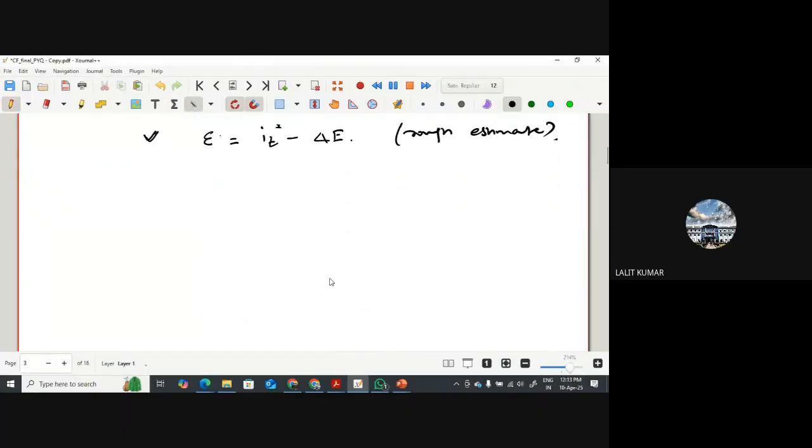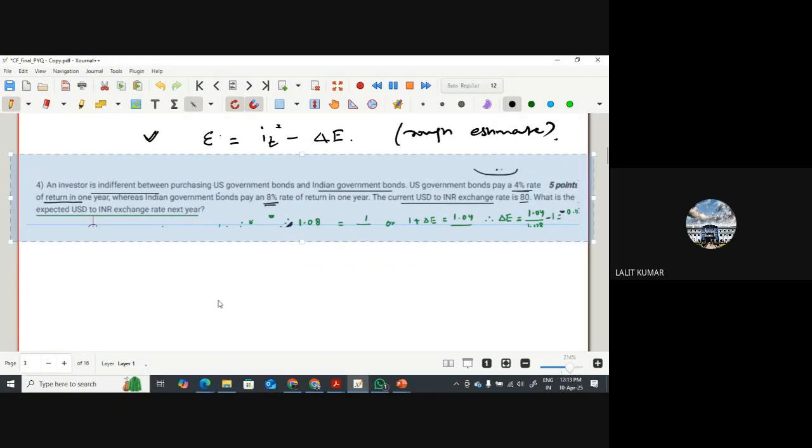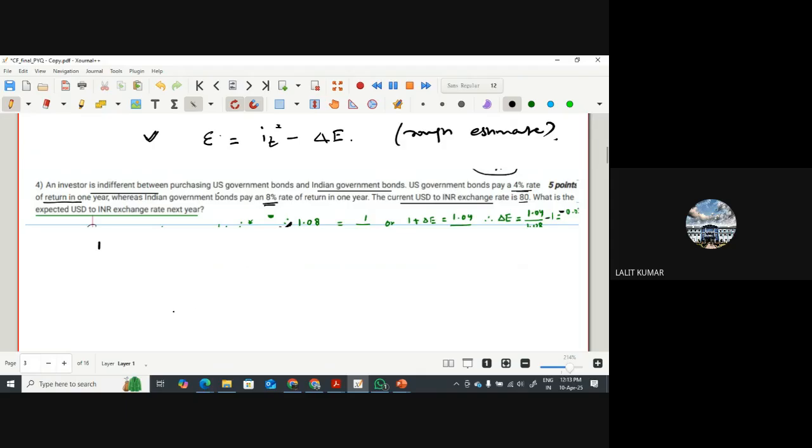So this was the question. So we use the formula 1 plus iT is equal to 1 plus iT star divided by 1 plus delta E. So from here we get 1 plus delta E is equal to 1 plus iT star divided by 1 plus iT.